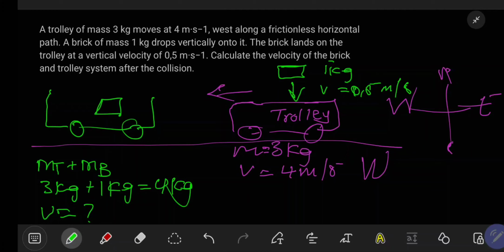trolley. So if you're given a situation like this, it means that the brick strikes this trolley vertically at 0.5 meters per second.